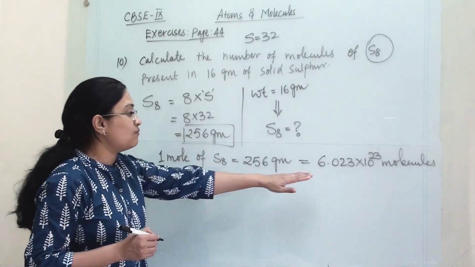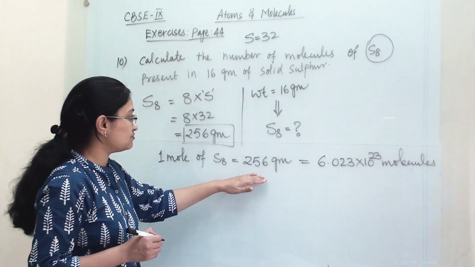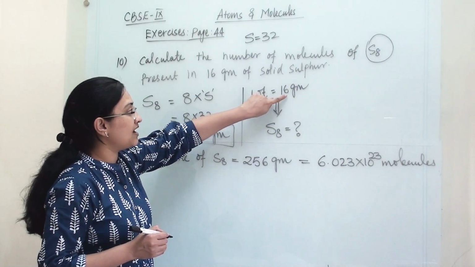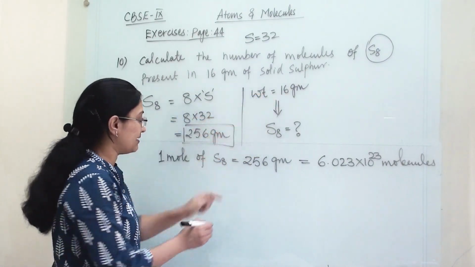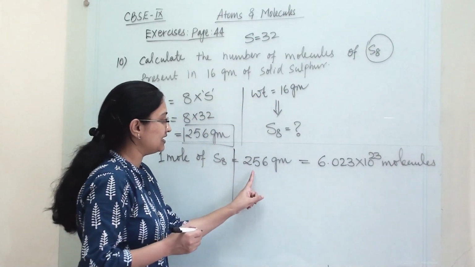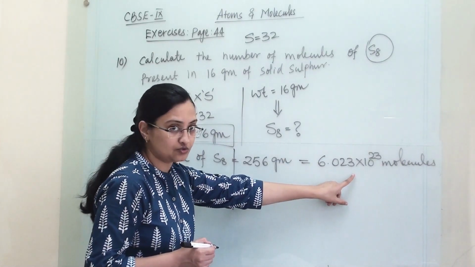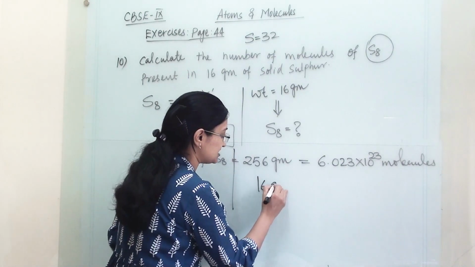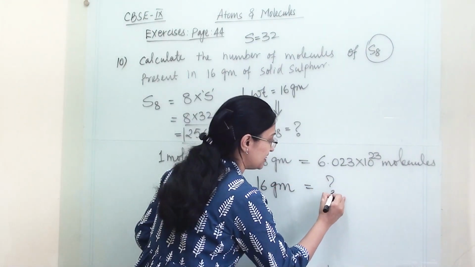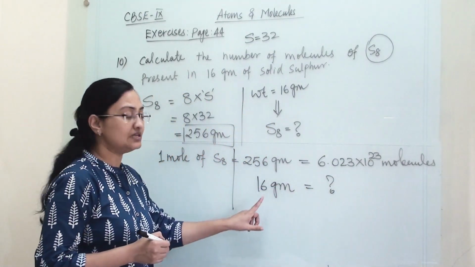Now we have this many molecules in this much gram, but we require molecules in 16 gram. So from here we can calculate that in 256 gram this many molecules are there. Then in 16 gram how many molecules of sulfur will be present?